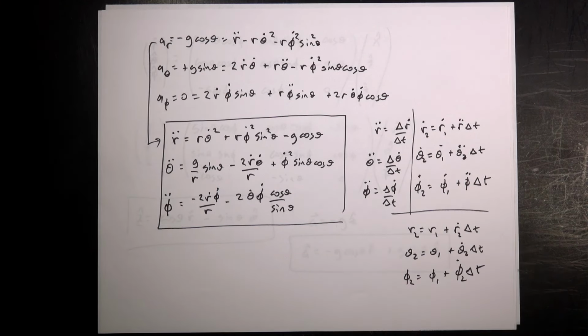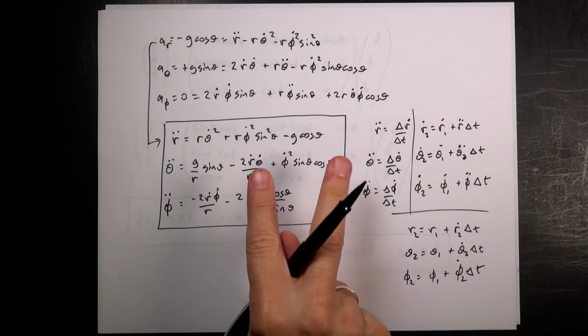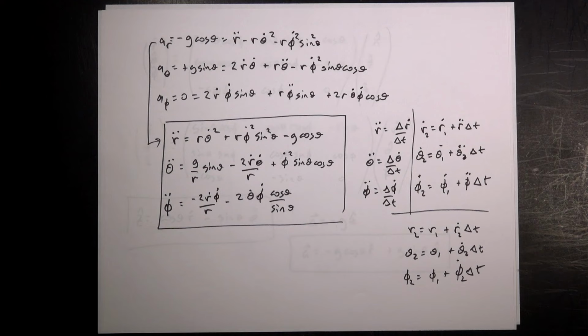So I need initial conditions: r1, r dot 0, theta dot 0, and phi dot 0. This is a lot of math. Don't kid yourself, and I've probably made at least one mistake. But if I make two mistakes, two mistakes might make it right again. So I'm just hoping for that.